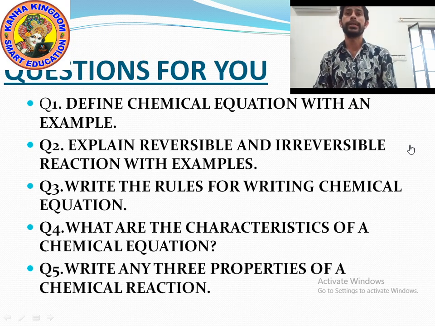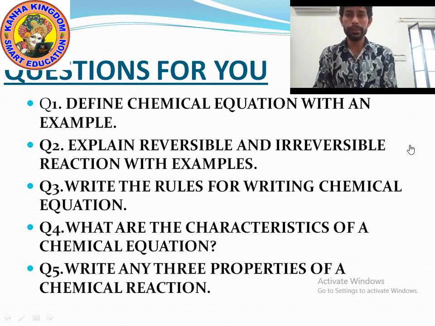Question number 3, write the rules for writing a chemical equation. Yes, there are 4 rules for writing a chemical equation. Rule number 1 is write reactants on the left hand side and products on the right hand side.